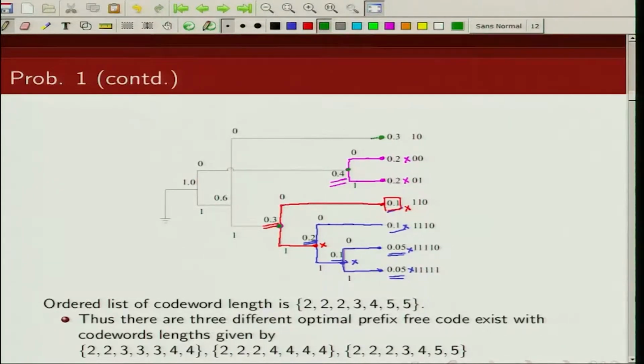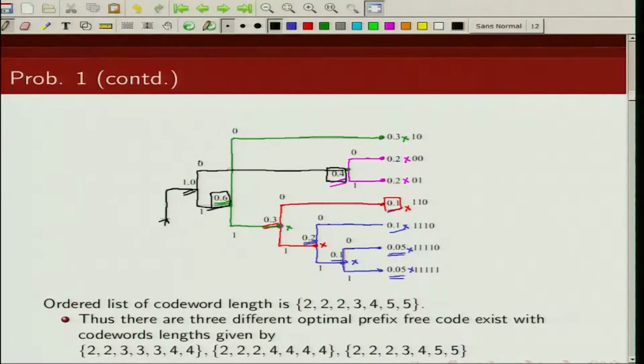So I will combine these 2 which have probability 0.3, create a new node which has probability 0.6, and finally I combine my active nodes. So I deactivate this and this. So finally my active nodes are this one and this one. So I combine these 2 and what I get is a root node with probability 1.